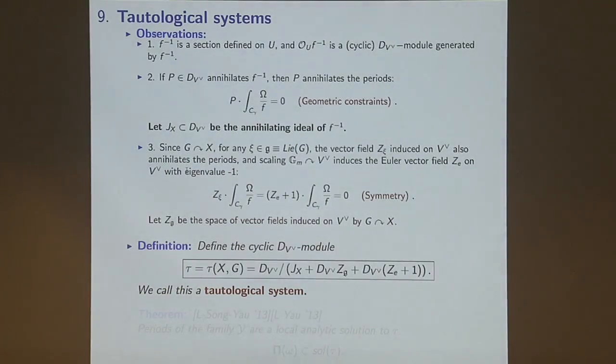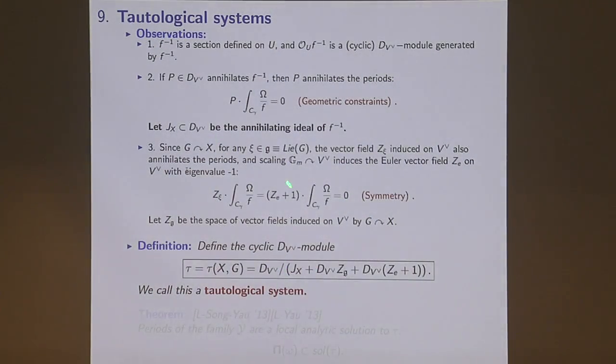Okay, so here's the definition. I define the cyclic D module given by this quotient, where the left ideal I that we mod out is generated by the symmetry operators, together with the Euler operator and the annihilating ideal of 1 over f.